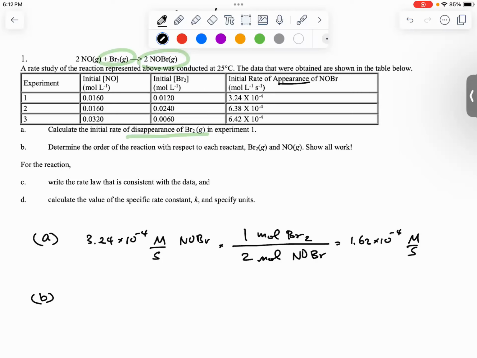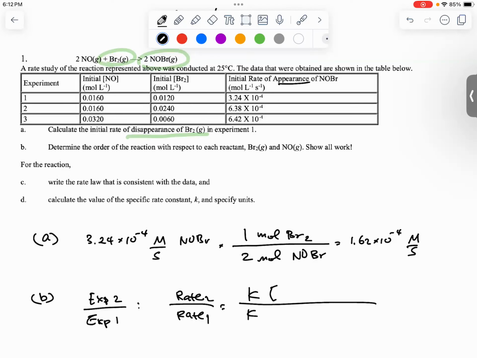So if you look at experiments 1 and 2, what can you find out? The initial concentration for NO is the same, and for Br2 it's double.